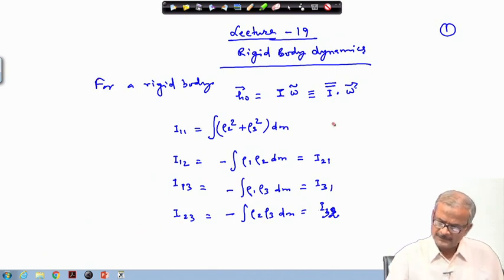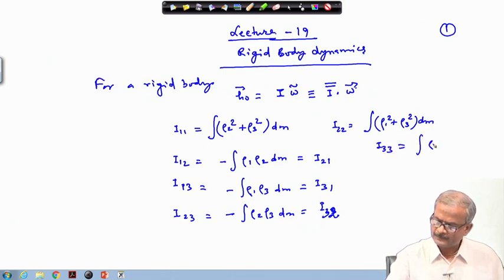And the other terms can also be written: I 2 equal to the integral of rho 1 square plus rho 3 square dm, and I 3 equal to rho 1 square dm.